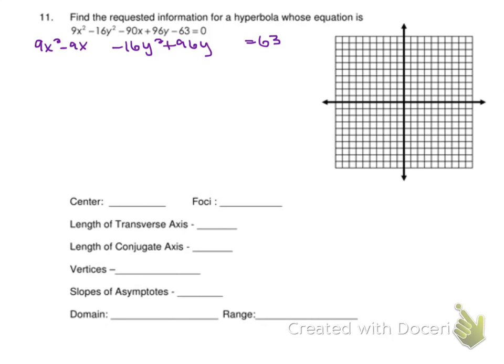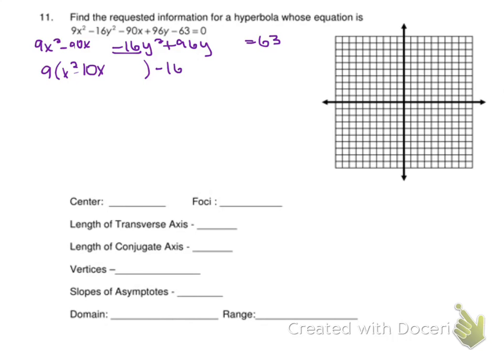Okay, so I put the y's together, I put the x's together, and now we need to factor some things out. Oops, I left out, that should be a 90. Okay, so here I'm going to factor out a 9. So I have x squared minus 10x. Here I'm going to factor out a negative 16.